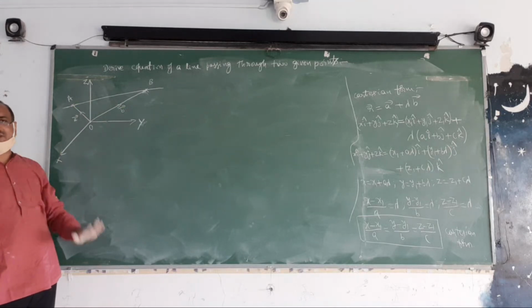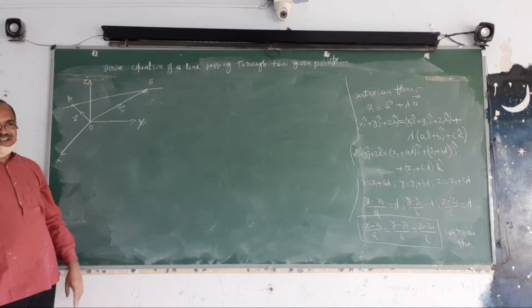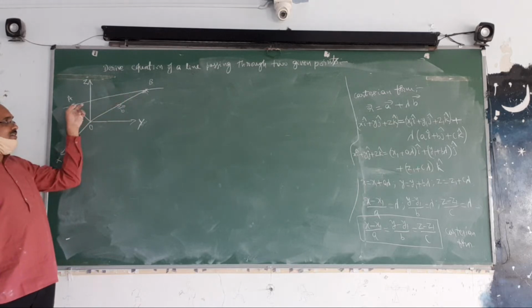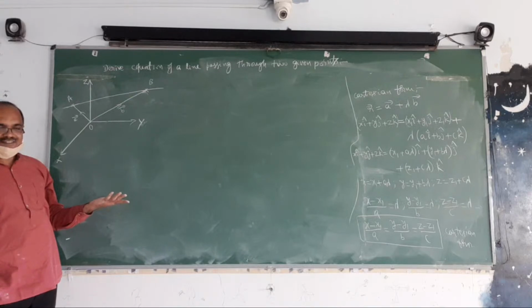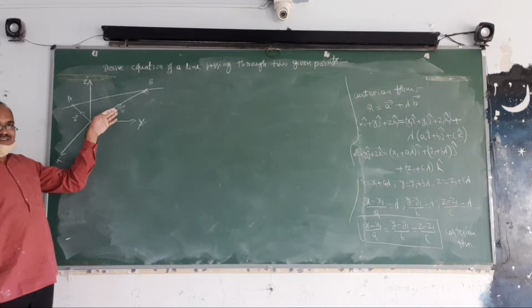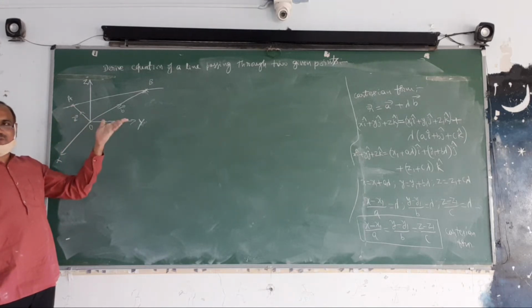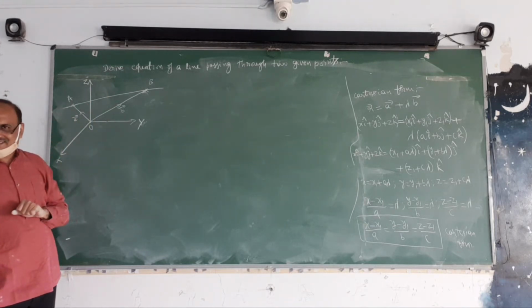But is it possible to find the direction of the vector given 2 points? Yes or no? You know this point and this point, so can't you find the direction? We can, that is b minus a: x2 minus x1, y2 minus y1, z2 minus z1. So you got the directions, right?